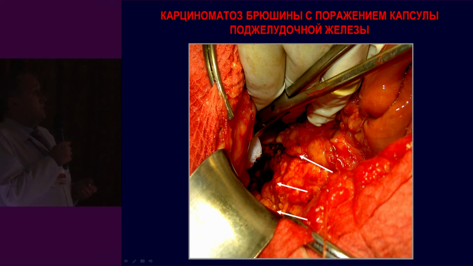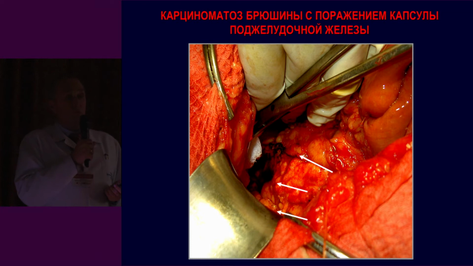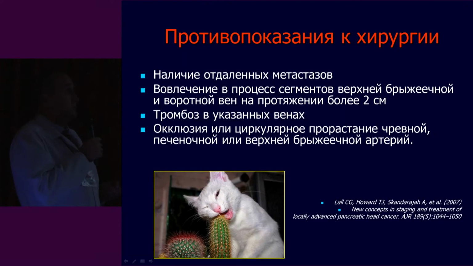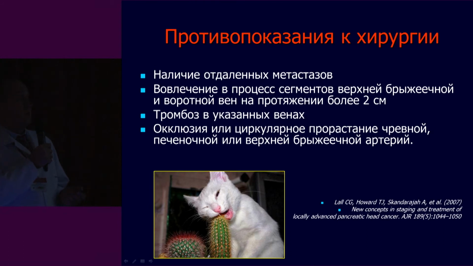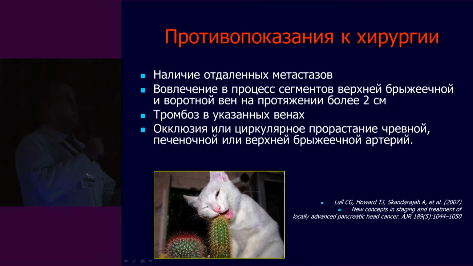And if the tumor ingrows into the mesentery, you can see how we can diagnose it by means of radiodiagnostics. And we do understand that by the data of international organizations and a number of authors, there are certain contraindications to surgery when we can compromise the quality of life.